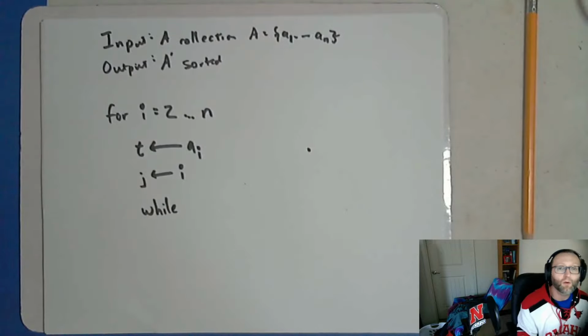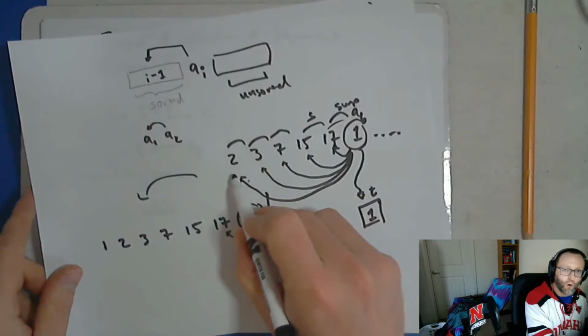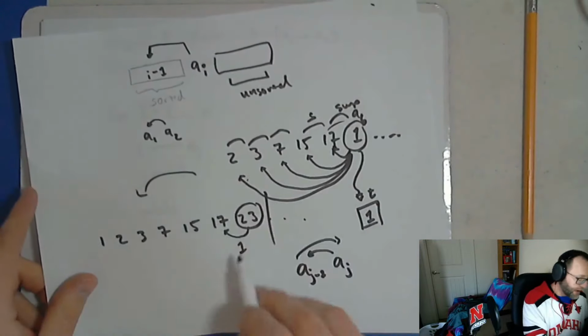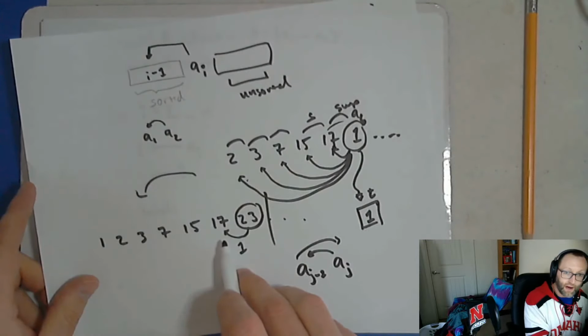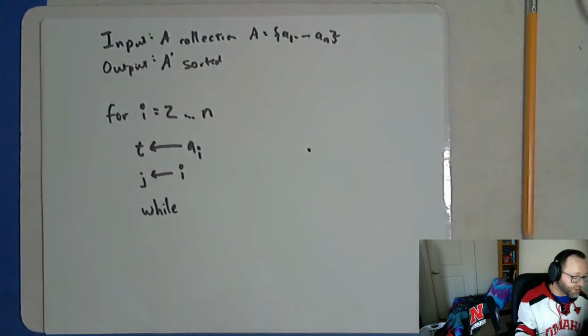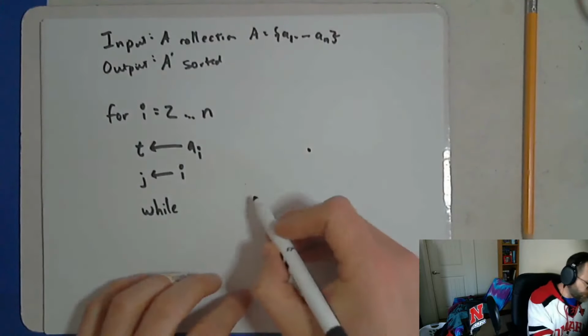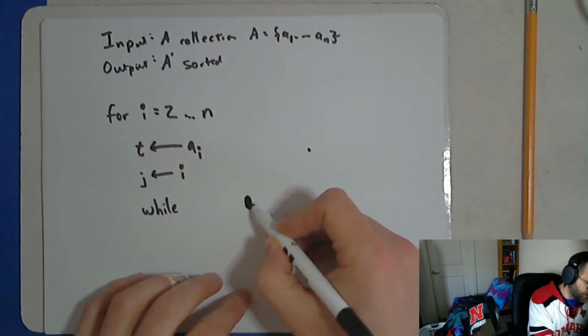Well, this one we don't know exactly how many iterations we're going to go. In some cases, we'll have the worst case scenario where we had to go all the way back down to the beginning. In other cases, the best case scenario, we'll end up only iterating this inner loop once. And so I'm going to do this with a while loop, okay? And I'm going to leave myself some room here because we're going to have to come back and fill in some additional things.